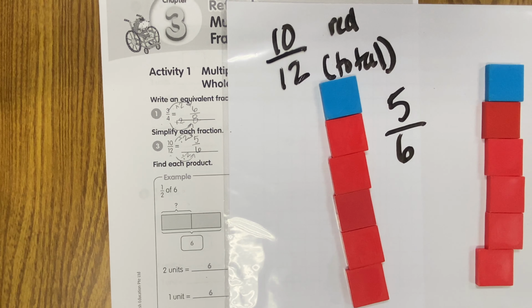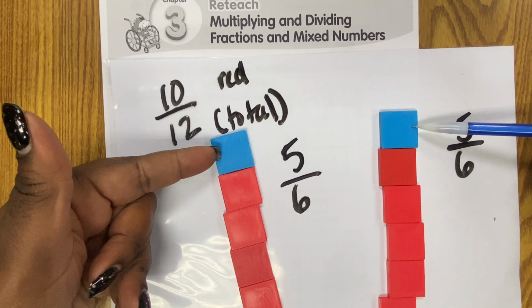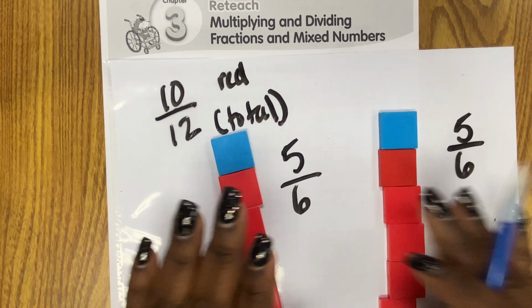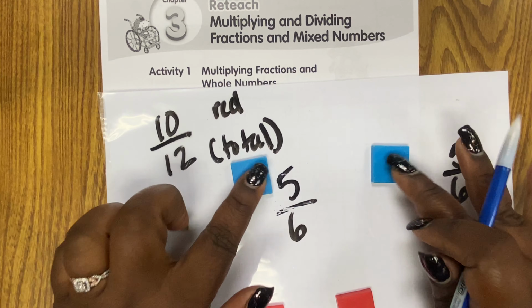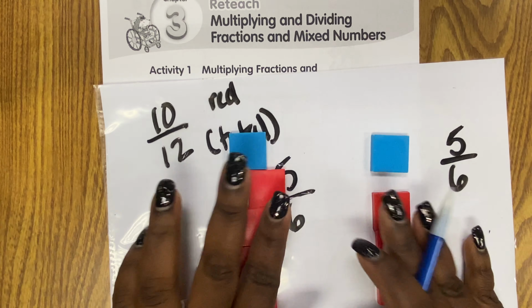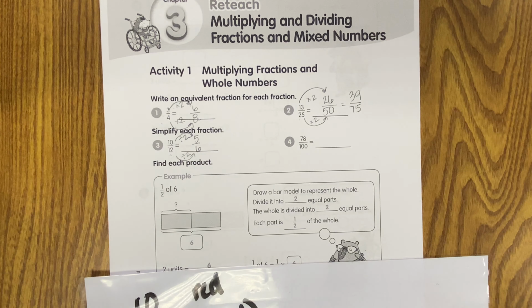I could not make any more groups that were smaller than this because I only had 2 that were non-shaded. So either I was going to have these together in one group or see if I can separate them into 2 groups. With that, go ahead and pause the video and try number 4.